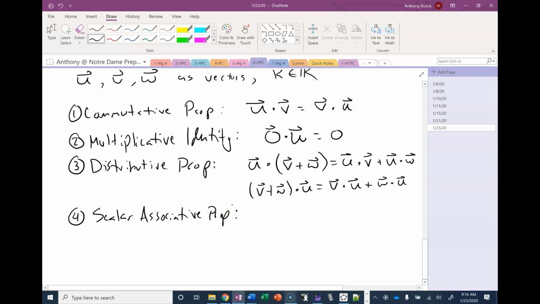We have something called the Scalar Associative Property. What this does is it describes how to do scalar multiplication and dot products at the same time.